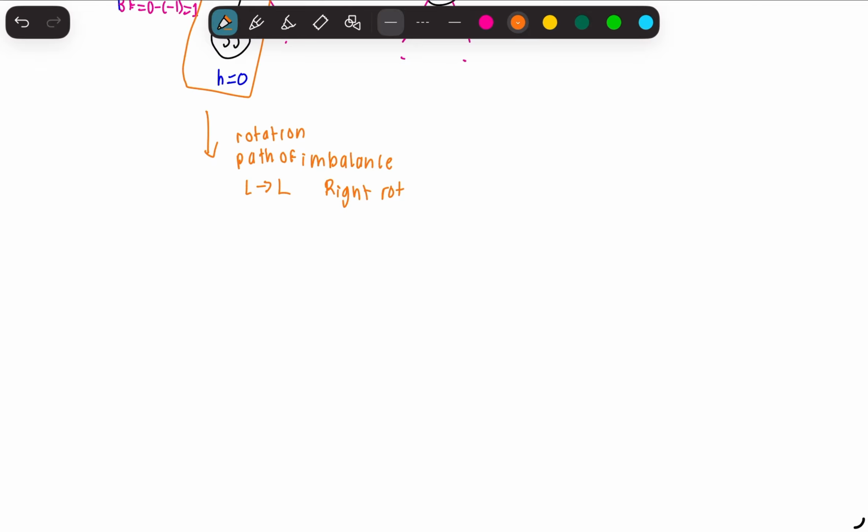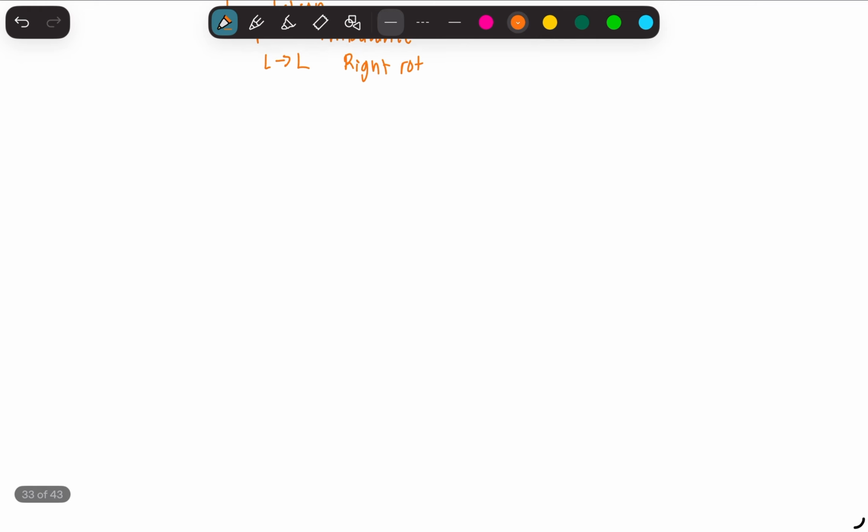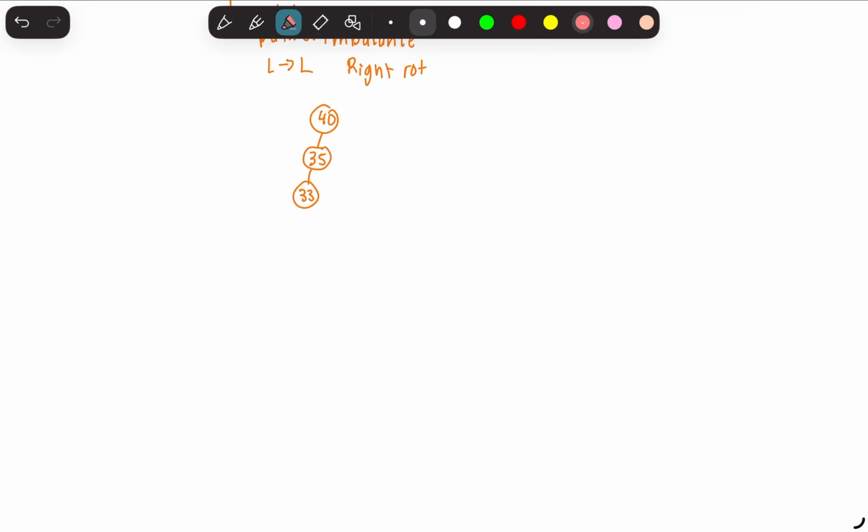So let's rewrite our subtree so we can really look at this. You have 40. So you're going to do a right rotation around 40.